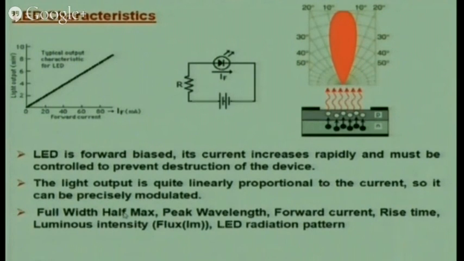Full width half maxima, what is the maximum intensity, what is the bandwidth available to me, peak wavelength wherein I want to work, forward current, what is the value of current which I look for, whether I need a heat sink, whether I need high power transistors, rise time, what range of modulation signals I look for, whether this LED can modulate to that region or not, luminous intensity, that means flux which is coming out, or LED radiation pattern, which is of this shape, what is the radiation pattern coming out of it. So all these parameters one looks for in the specification sheets.